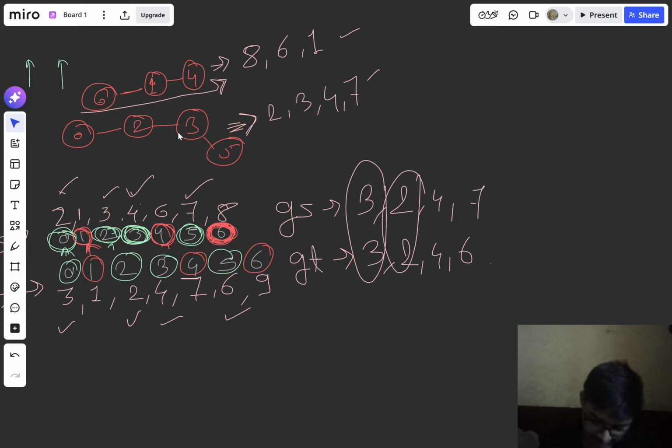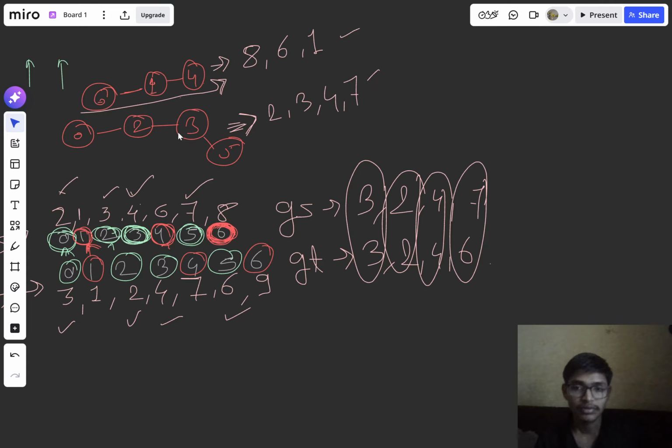At the 1st index it is also the same, at the second index it is also the same, but at the 4th index it is different. So how will we solve this, by using which data structure will we approach this solution? Let's discuss this.